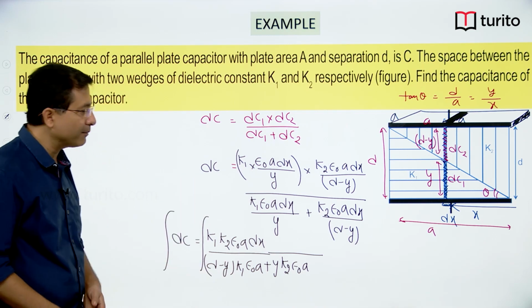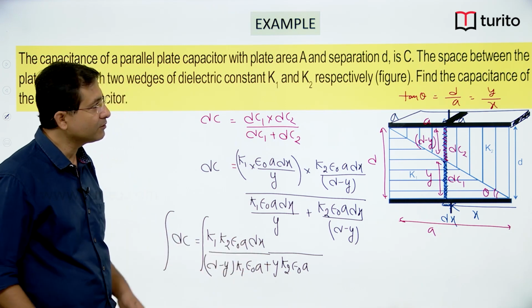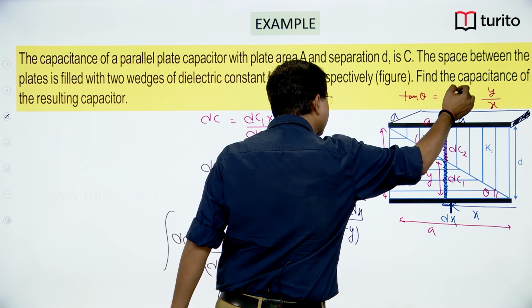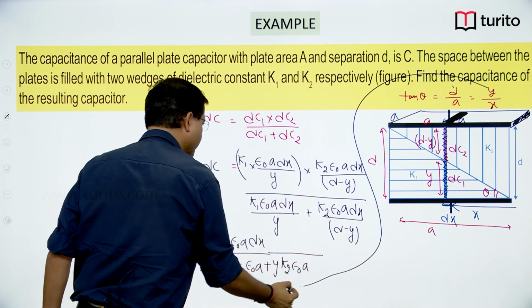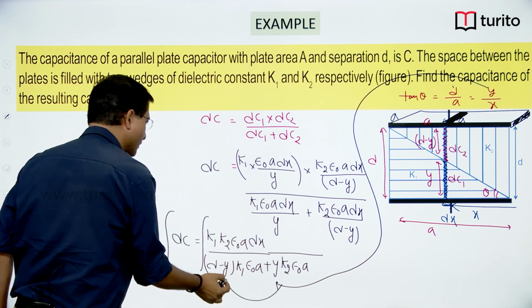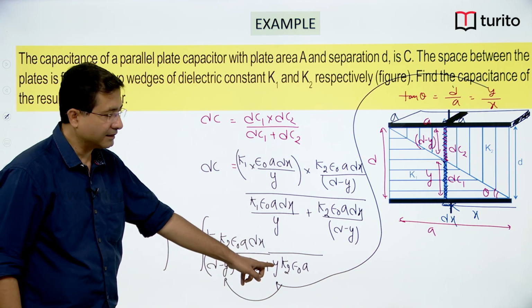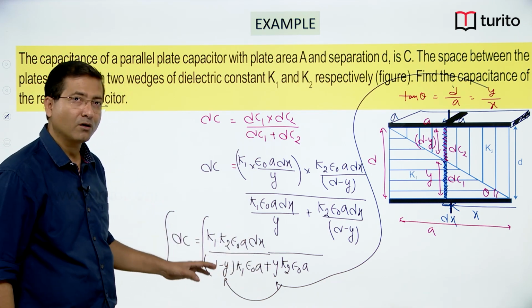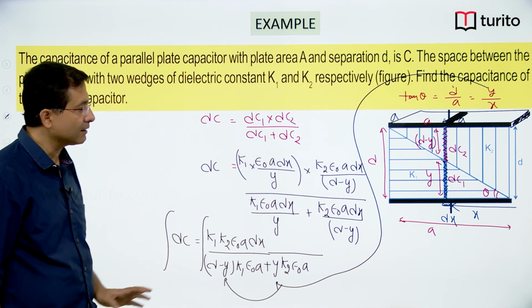Here there are two variables involved, y and x, and we know the relation between y and x. y is equal to x small d by a, that I can substitute here. So y you are going to get in the form of x, and this whole thing is coming in the form of dx divided by x format, that means we are going to get log.